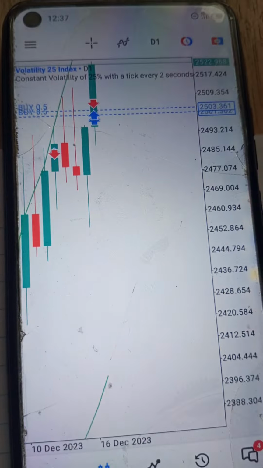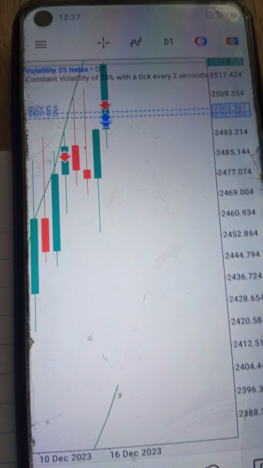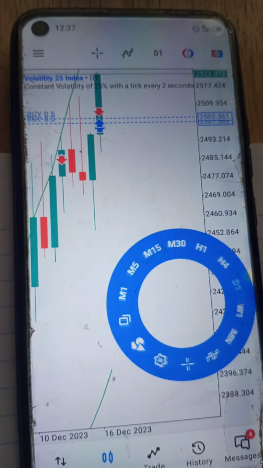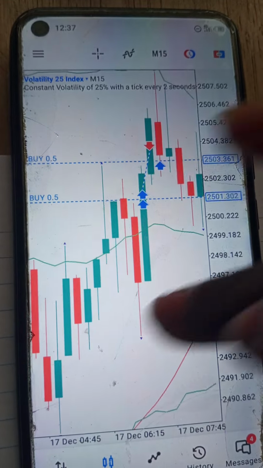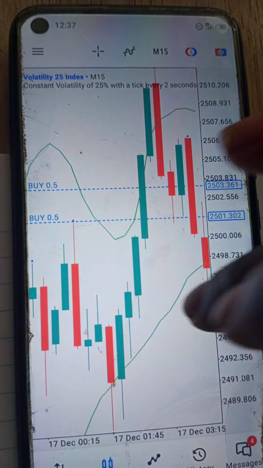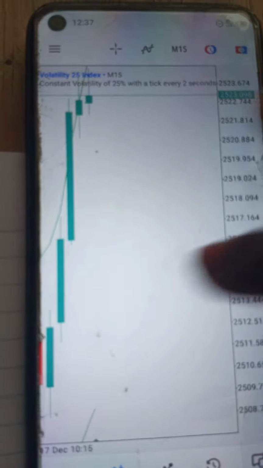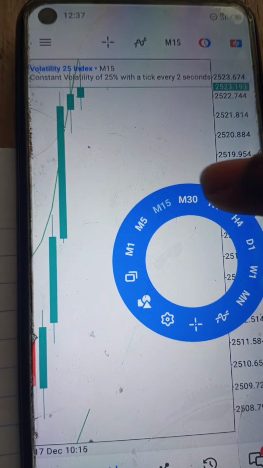I will still wait for that 15 minutes to also show me the uptrend. As you can see, the 15-minute time frame also shows the uptrend. So I will now look for an opportunity where I will enter for a buy.